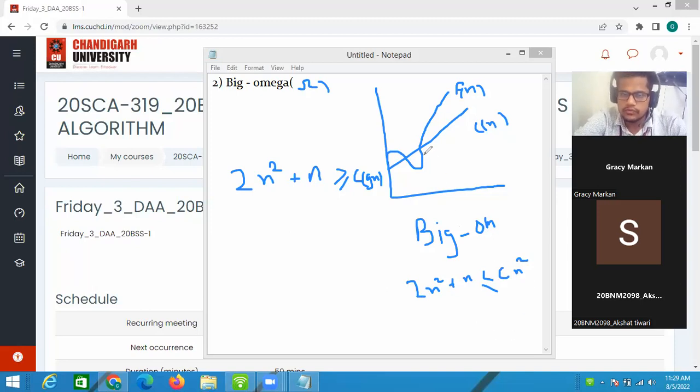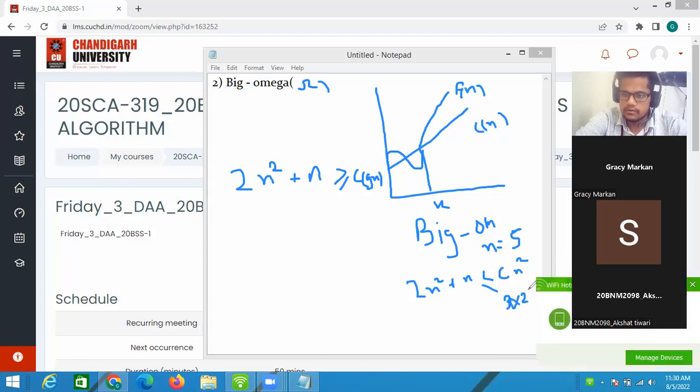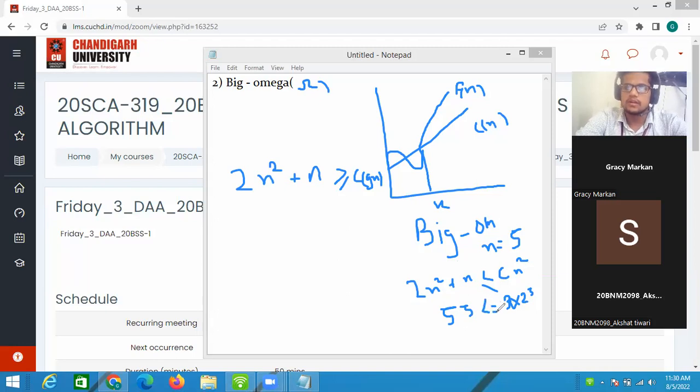When the value of C is 3. Let's suppose the value of n is 5. At that point, this becomes 75 and this becomes 55. So this condition executes. This is a part of big O. But here, when is this condition going to be true?